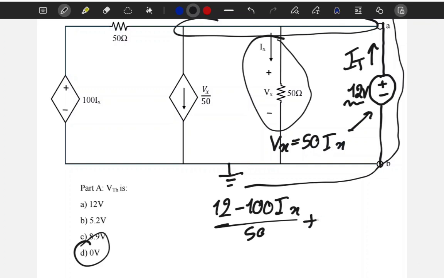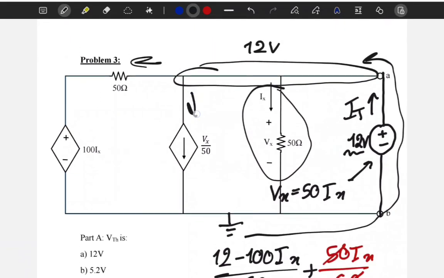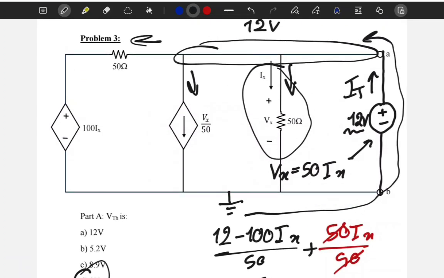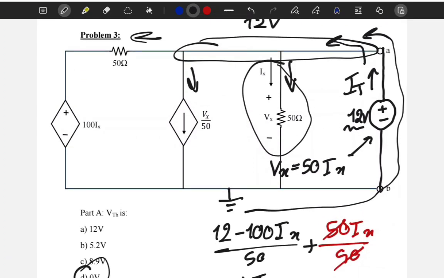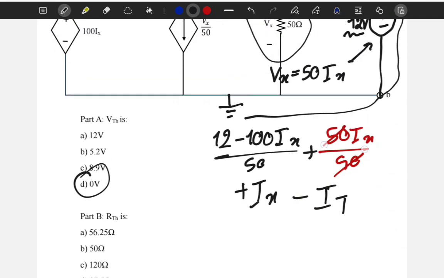So I can do plus 50 Ix divided by 50. Cancel, which is gonna be Ix. And then we have plus Ix. This is the current right here. And plus Ix, which is the current right here. So plus Ix. And finally I have minus It, which is the current flowing like this, minus It. Okay.